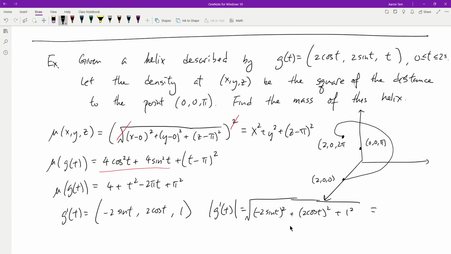Notice that the first two things come out to 4 sine squared t plus 4 cosine squared t. So that becomes 4 plus 1, which is 5. So that becomes radical 5. Is it a surprise that this has a constant speed? No, we already talked about this. When you have an object that moves at a constant speed, that's how it forms a circular motion or an orbit. So in here, this helix is definitely orbiting around the z-axis, and therefore it has a constant speed also.